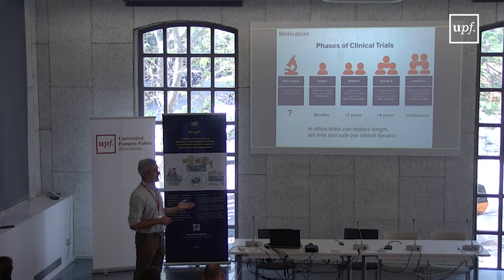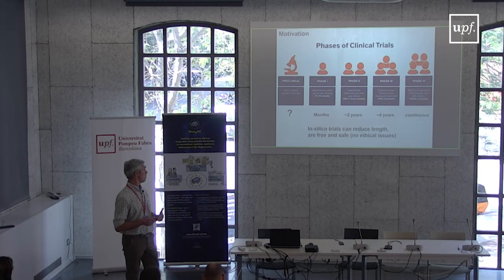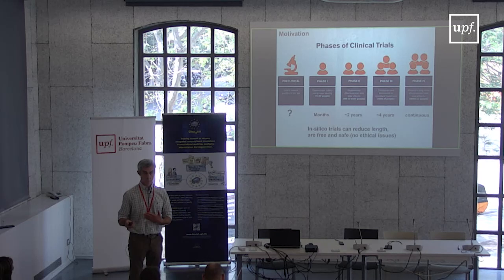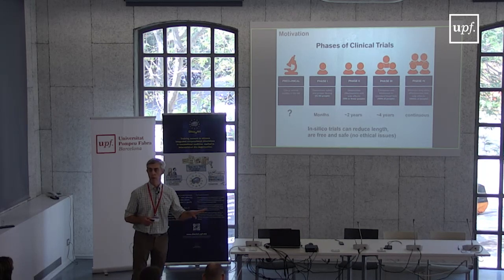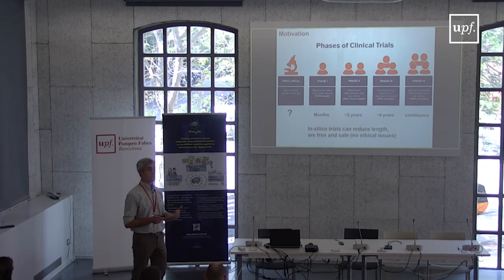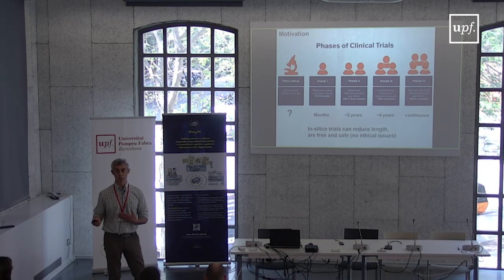It begins with preclinical studies in cell models or in animal models. And then when we know that a certain drug is efficient, we try it with humans. In phase 1, you deal with safety: is it safe? Phase 2, is it efficient? Phase 3, is it more efficient than already existing drugs?